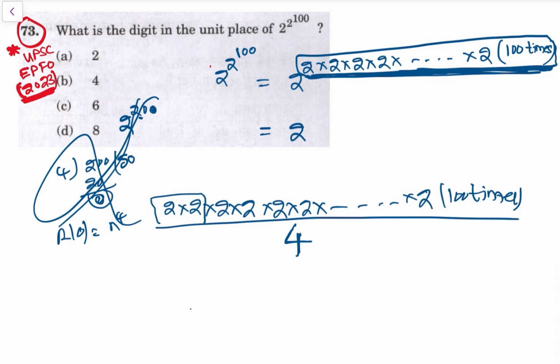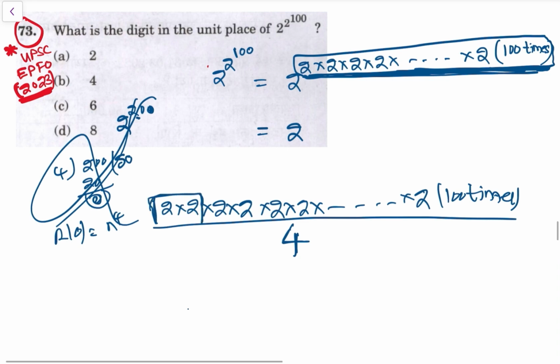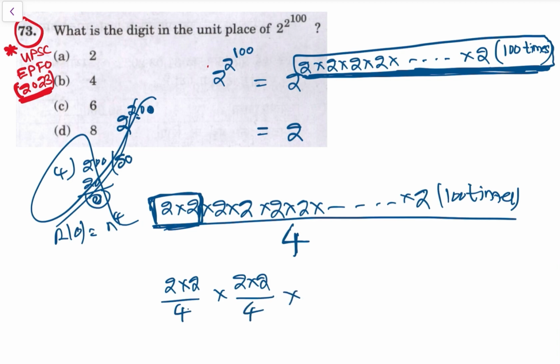So 2 into 2 is 4. ठीक है. 4 divided by 4 है तो रिमाइंडर आएगा. ठीक है. Take 2 into 2. ठीक है. And divide it by 4. So this expression can be written as 2 into 2 by 4 into 2 into 2 by 4 into 2 into 2 by 4 into so on. ठीक है. by 2 into 2 by 4. ठीक है. इसको जैसे 100 times 2 आएगा.